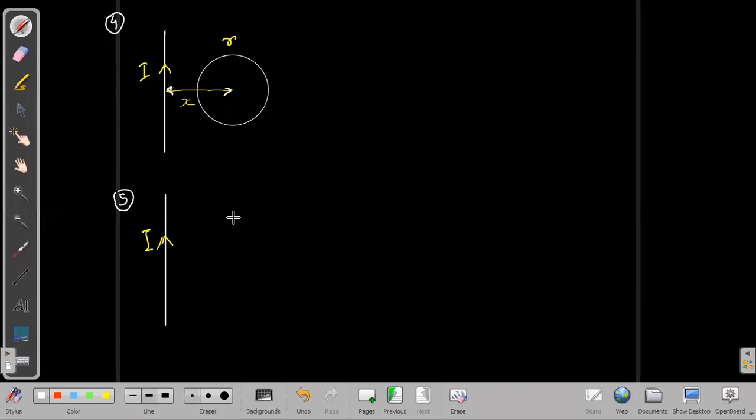By that time, let me make a few other questions also. This is the y-axis.